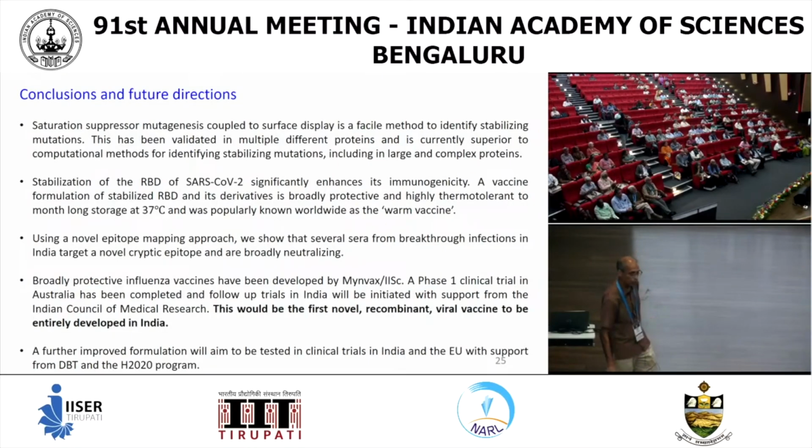And in the case of the COVID virus, by stabilizing the mutation, we increased its protective efficacy, and we got a lot of press on this. Unfortunately, there was no significant amount of money and time to do anything, though we were the first in the country to generate the vaccine formulation. And I'll come to that in a couple of slides.